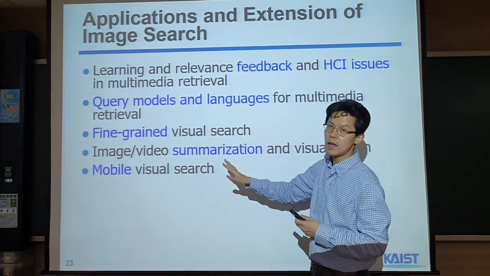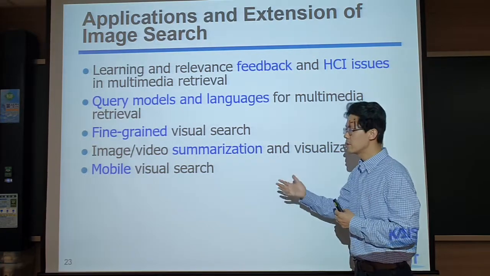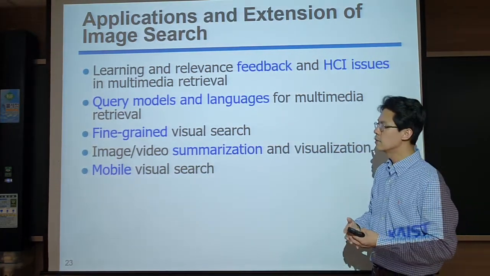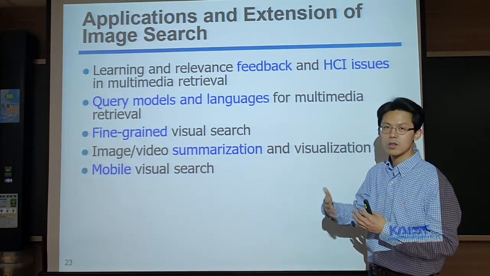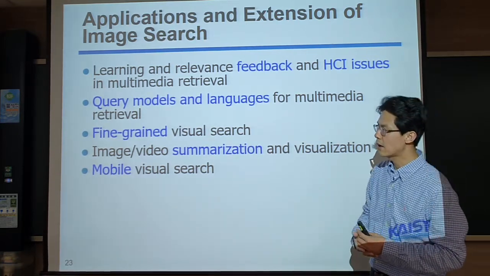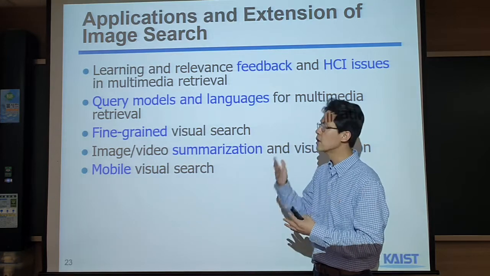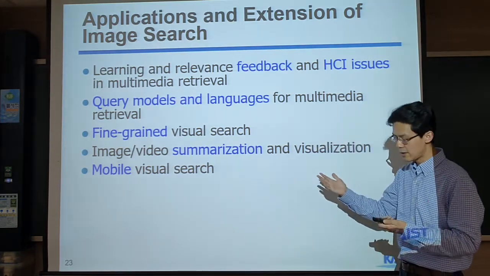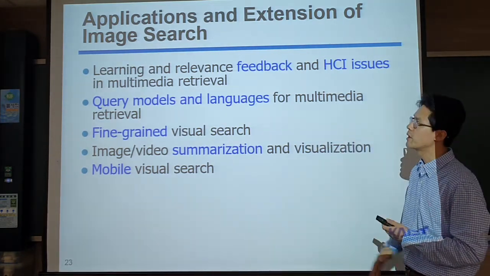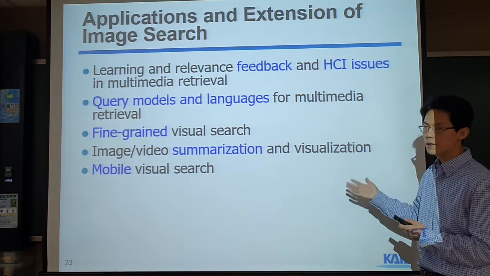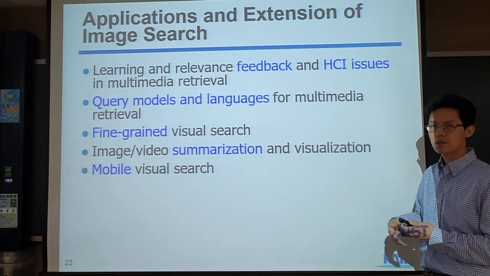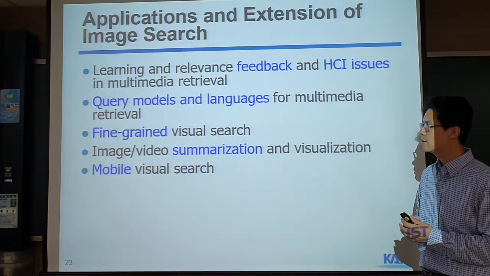And right now, we use image search a lot on mobile, and there could be many other future platforms like autonomous vehicles. So what are the visual search techniques for mobile cases and these future platforms? There are a lot of issues, but I leave them to you as your project topics.